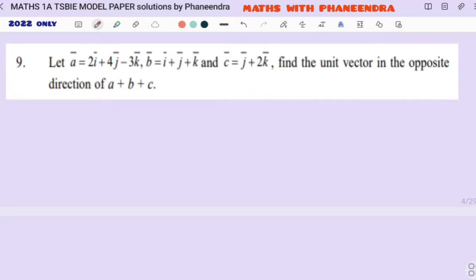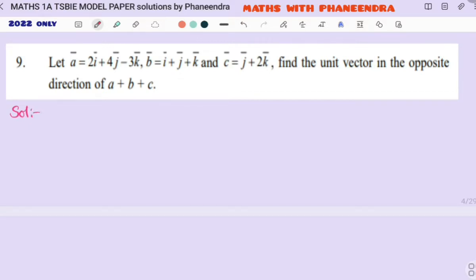Let A bar equal to 2i plus 4j minus 3k, B bar equal to i plus j plus k, and C bar equal to j bar plus 2k bar. Find the unit vector in the opposite direction of A bar plus B bar plus C bar. This type of question is very important, dear students. So first we need to calculate the sum of these vectors.